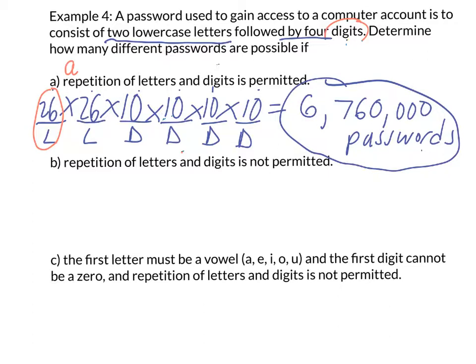If you're allowed to repeat any digit and any letter. And I'll rewrite back up here that for lowercase letters, you have 26 total options. And for the digits, you have 10 total options. There we go.